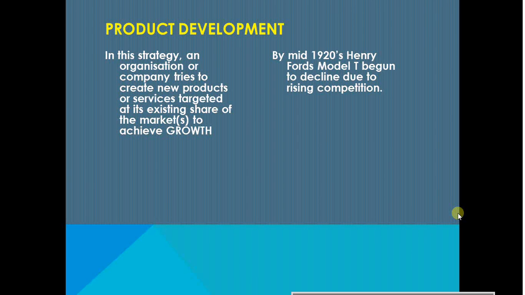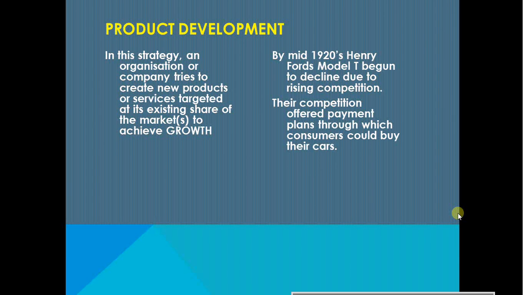By the mid-1920s, his Model T, which was doing very well through market penetration, began to decline due to rising competition. What did the competitors do that caused his very popular Model T to decline in the share market? Well, the competition started offering payment plans through which consumers could buy their cars.